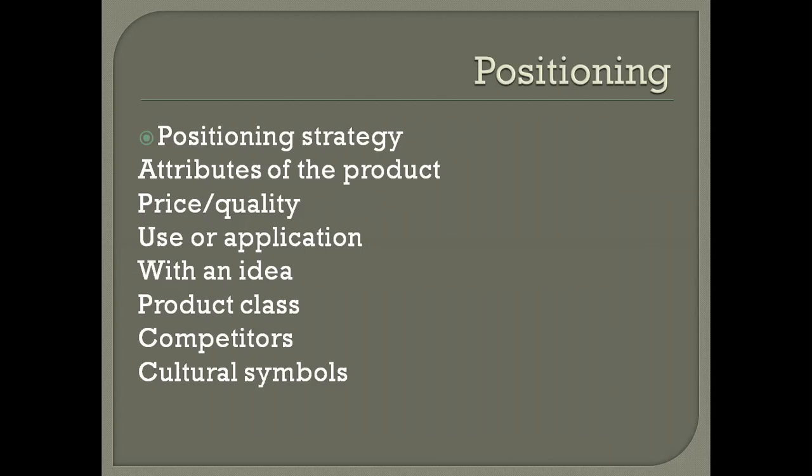Okay, then we have cultural symbol. Positioning through cultural symbol is nowadays a thing which is used to position the product in the market. For example, Tata Tea. For example, you can say McDonald's.